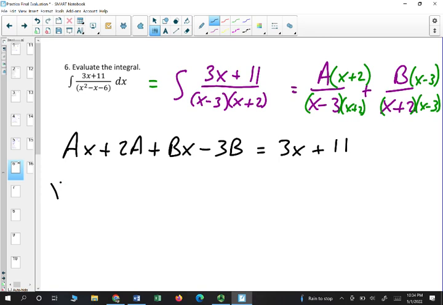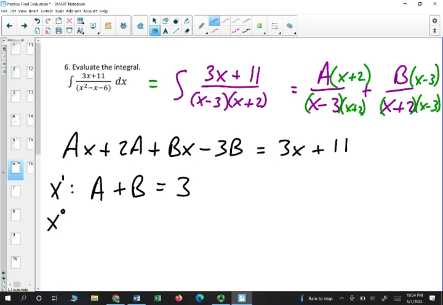Okay, so looking at our x terms, we would have Ax plus Bx, so that would be A plus B, and that's going to equal 3x. So we could say A plus B equals 3.